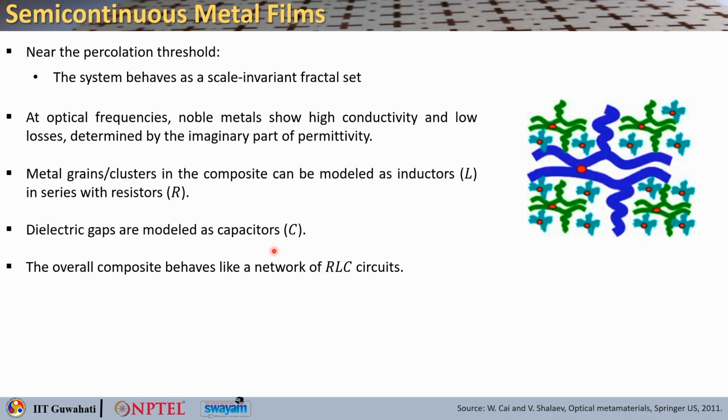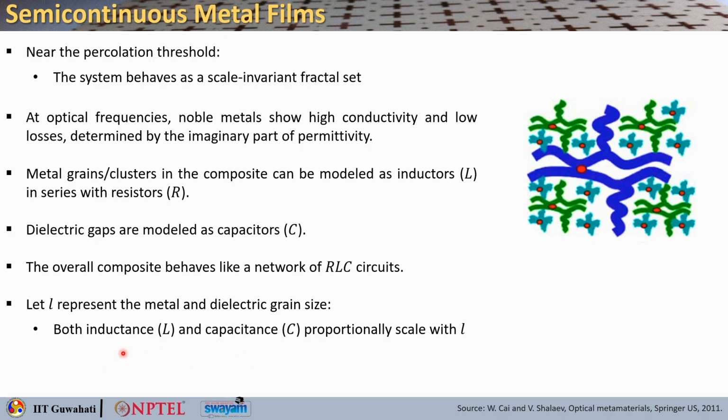So what you see is that the overall composite, which is a semi-continuous metallic film, basically behaves like a network of RLC circuits. Okay. So here you can consider L that represents the metal and the dielectric grain size.